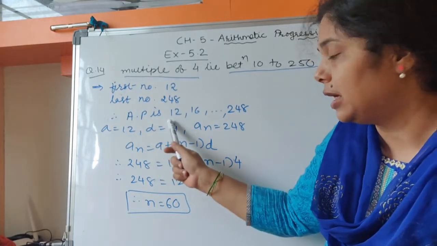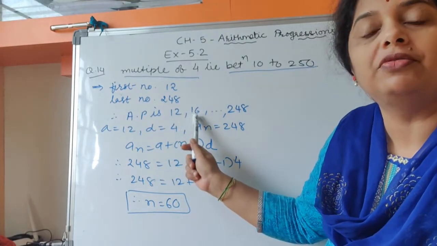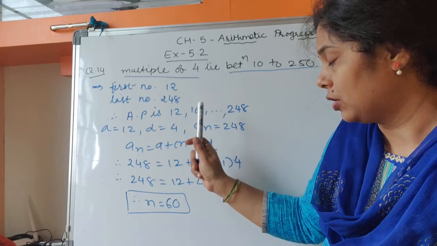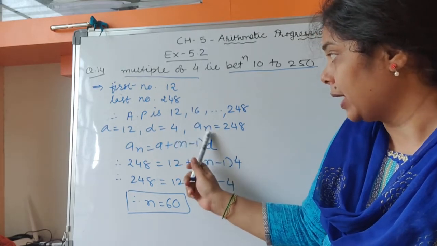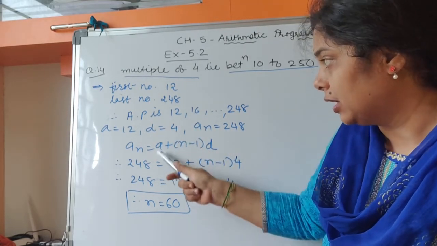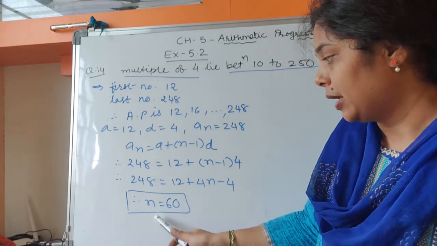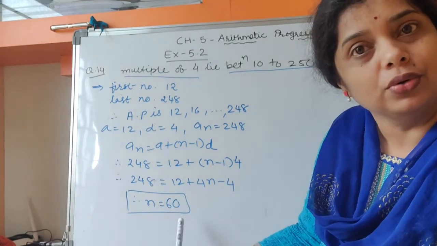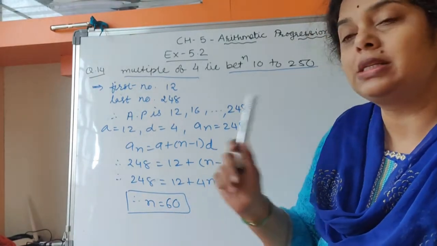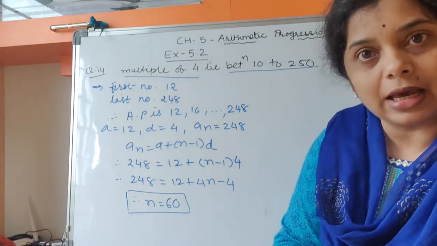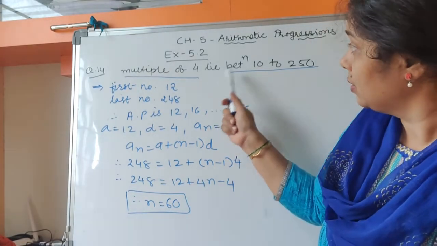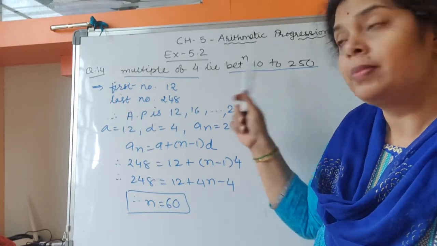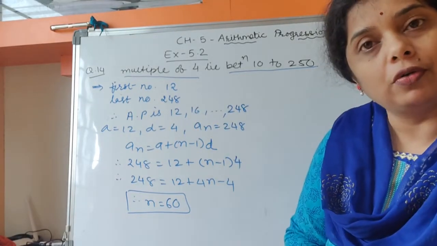So again here a is equal to 12, common difference d is 4, and the last term is 248. Again use the same formula and you will get n equal to 60. It means a total of 60 terms lie between 10 and 250 which are multiples of 4.